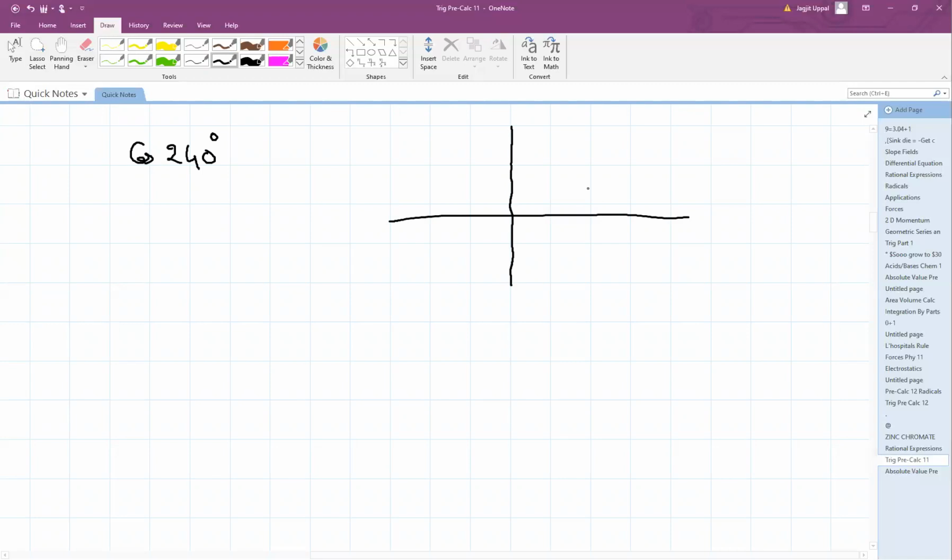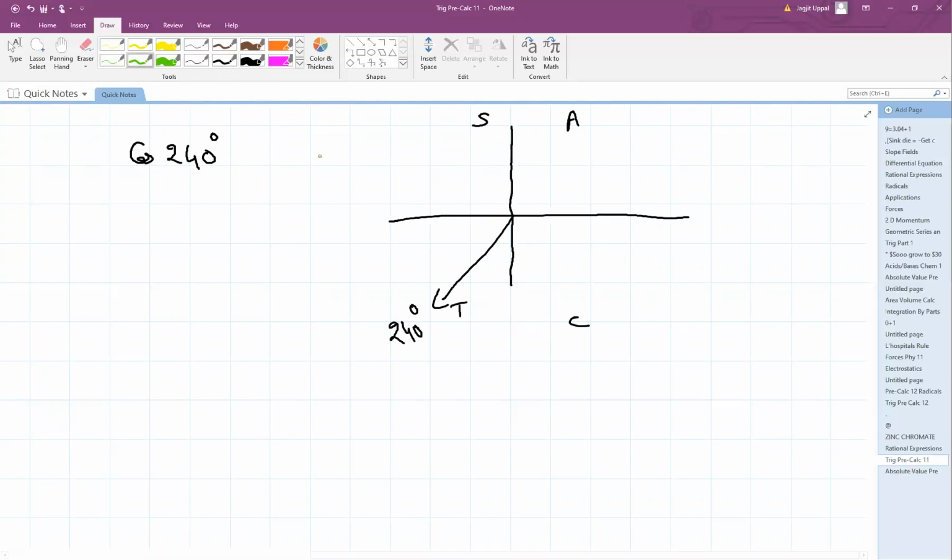First, you draw the angle and find the reference angle.